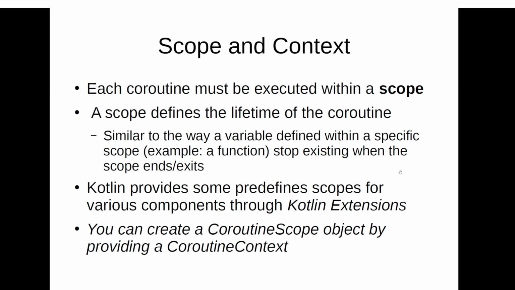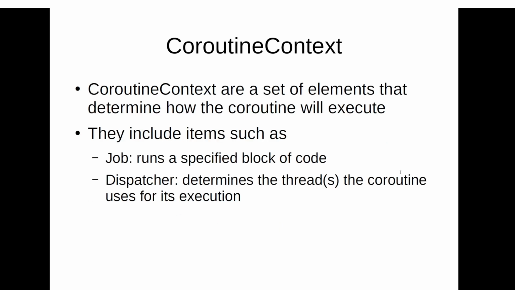Kotlin, by way of specific extensions, can provide predefined scopes. However, we can always create our own scopes by providing what's called a coroutine context. A coroutine context is a set of elements that determine how the coroutine will execute.